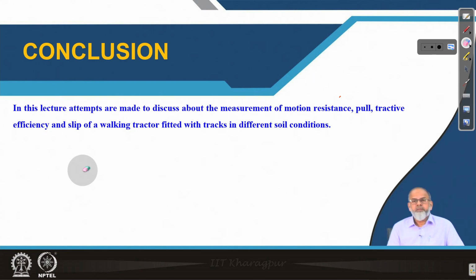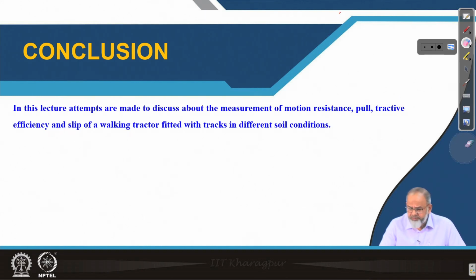There we discussed the nature of the curve and how the tractive efficiency is varying, and the important thing observed is the range of maximum tractive efficiency values. So, that is more important. That is all. Thank you.